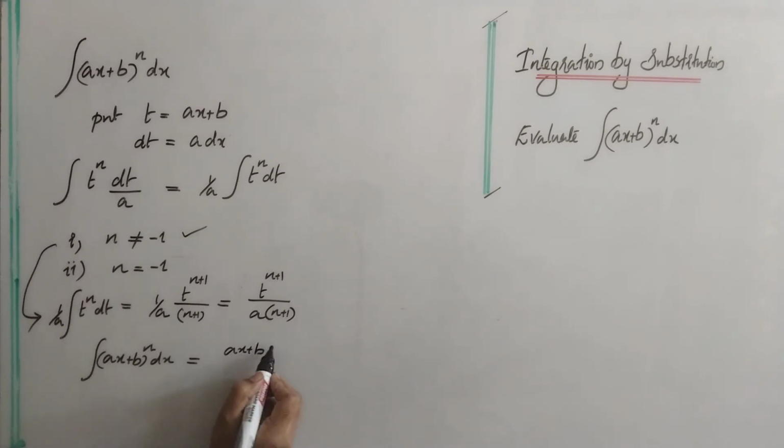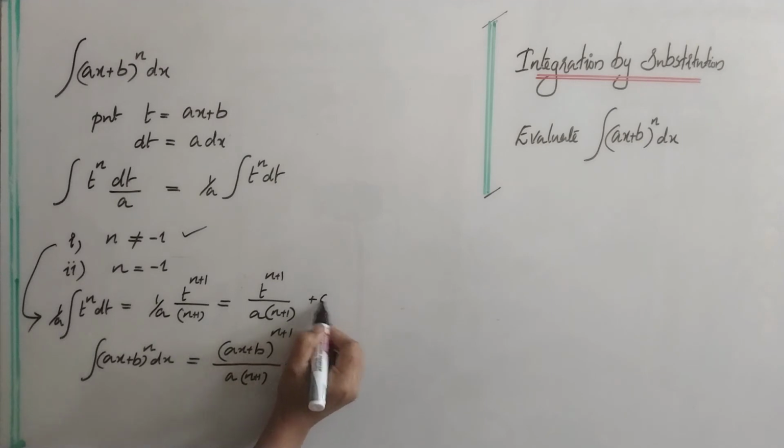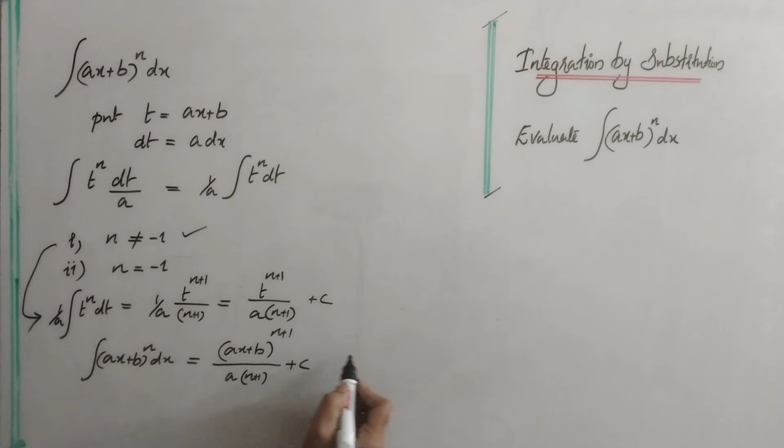So (ax plus b) the whole raised to n plus 1 divided by a into n plus 1, plus a constant c, when n is not equal to minus 1.